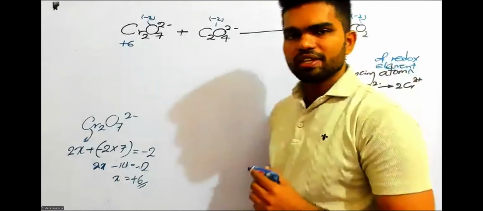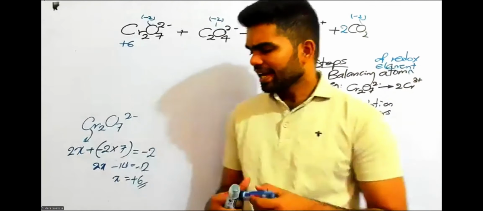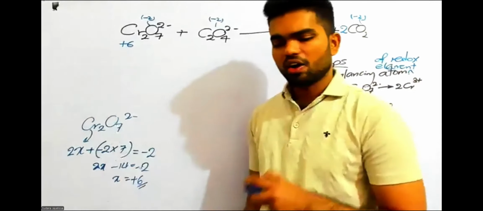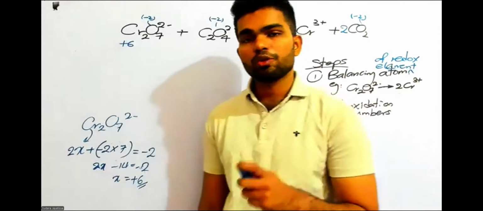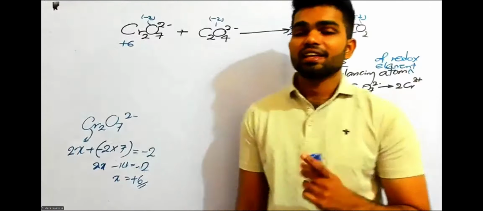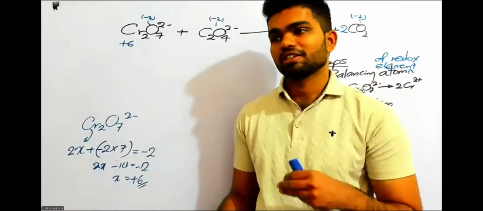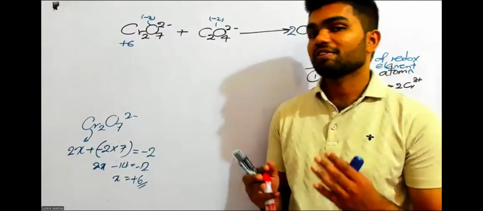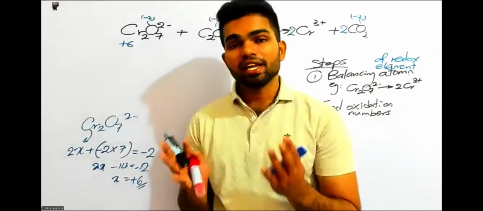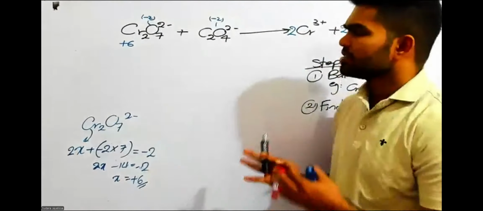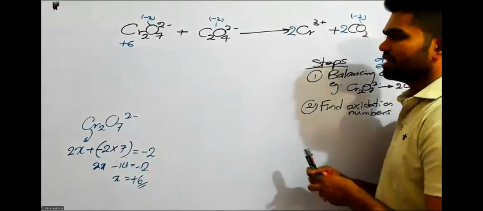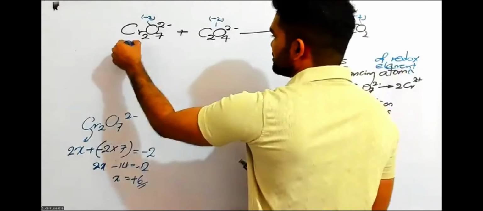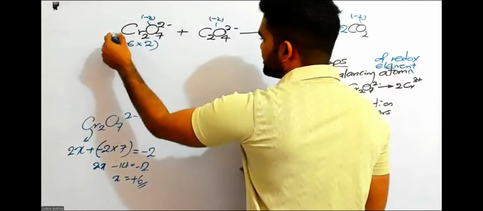And we are not going to stop there. Why? We found x, the oxidation number of one chromium atom. But you can see there are two chromium atoms. So we need to find the total oxidation number, or as we say in our theory tube, remember, the cumulative oxidation number. So what is our cumulative oxidation number? We just have to multiply this one by 2.